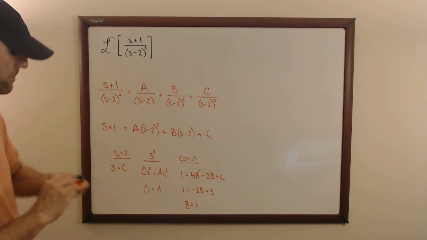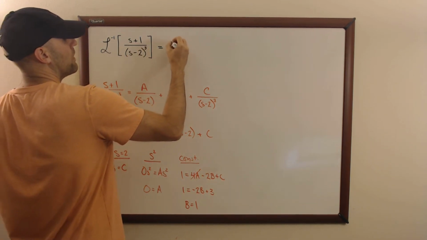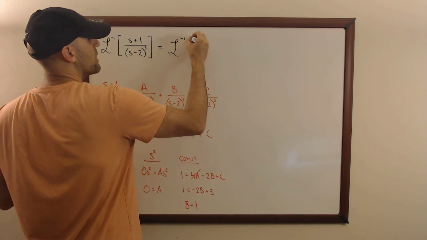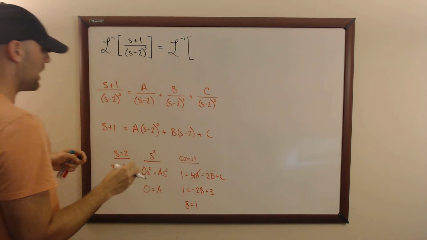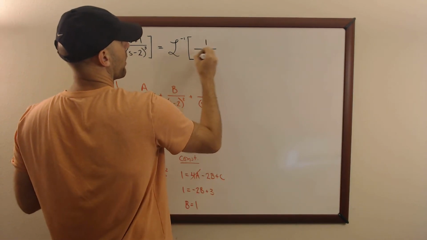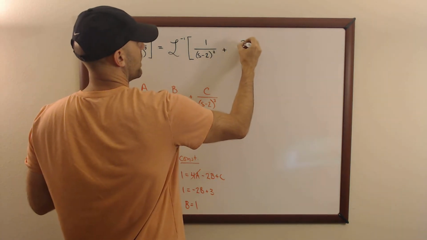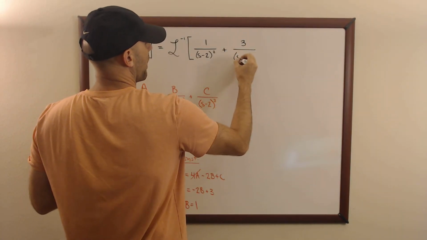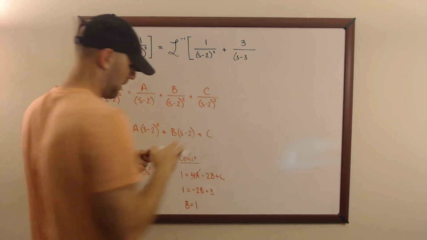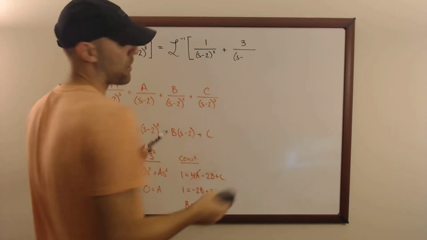So I know that I can rewrite this. This is equivalent to the inverse Laplace transform of, let's see, a is 0, so b is 1. So I get 1 over s minus 2 squared plus 3 over s minus 2 cubed. Okay, and now we're ready to invert.